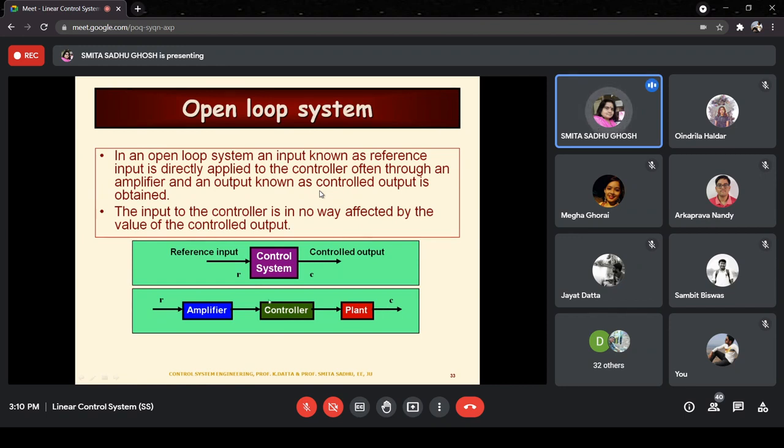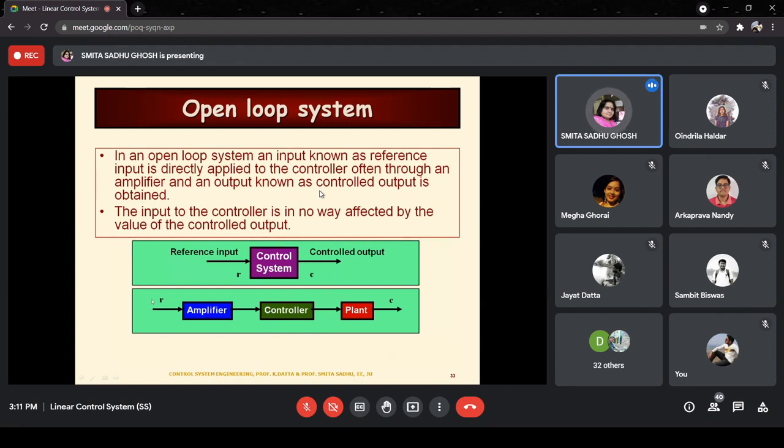So in the closed loop system, the controller has a more serious job of making a comparison between the reference input and the controlled output. However, in the case of an open loop system that we are studying over here, the job that the controller performs is to change the nature of the signal.